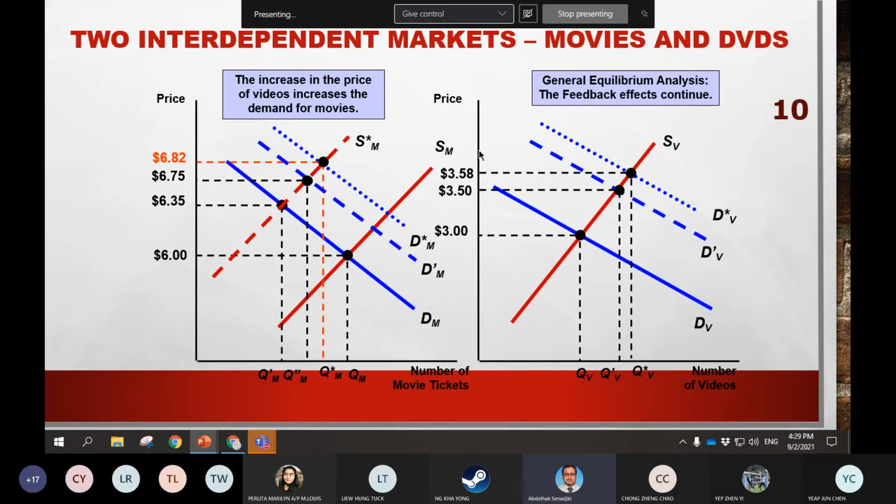So once people stop moving from, let's say, movie tickets to DVD rental, then we stop there. That is what we call the equilibrium. In this case, the equilibrium for the movie ticket is priced at 6.82 with quantity demanded at Q star M, and for videos at price 3.58 with quantity at Q star V.